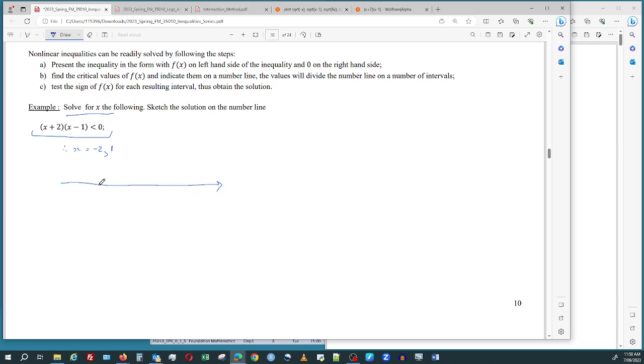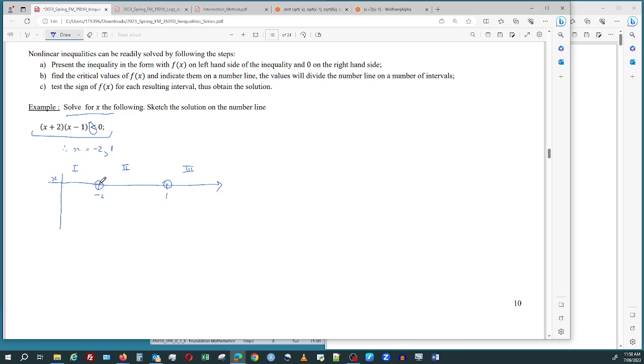So we've got minus 2 and 1. Because it's less than, we better put open circles. What we want to do is break these up into regions. This is a very old-fashioned way to do this, and it's not taught in the HSC, but it's just a way of seeing how these values will pan out. I'm just prepared to do one example using this method.